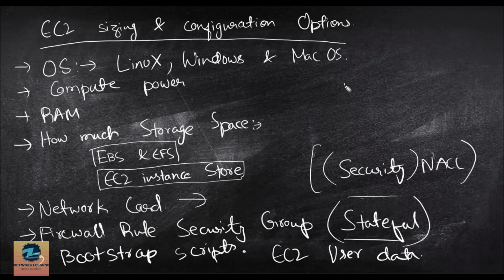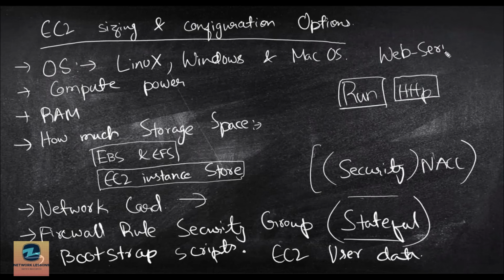We will run a script, and that script will basically install the HTTP services, and our EC2 instance would be converted into a web server using that script, using that user data. You can see, right? User data. So that is the Amazon EC2 sizing and configuration.